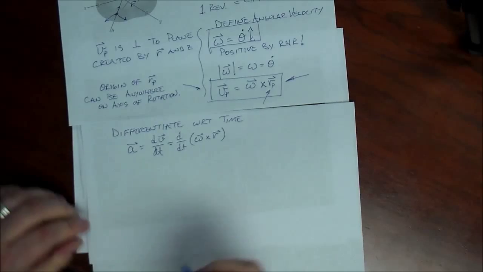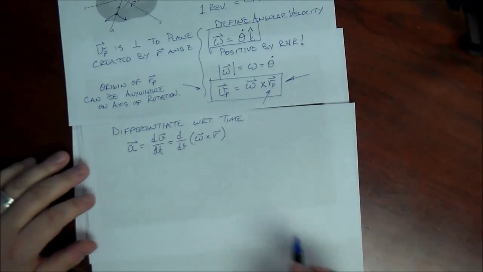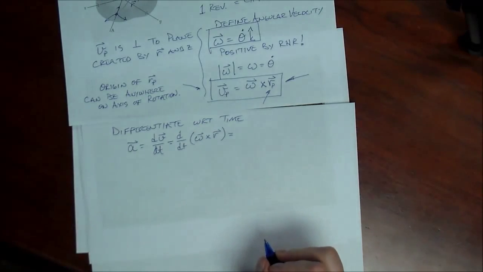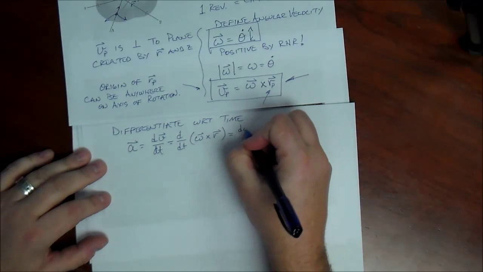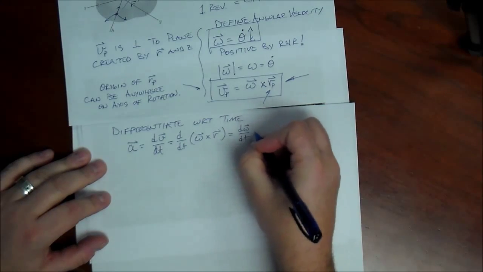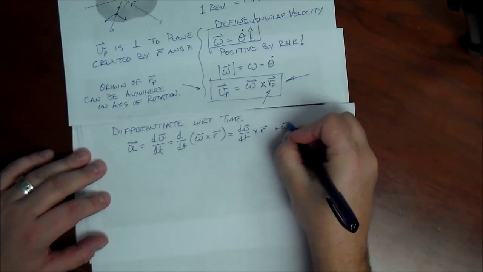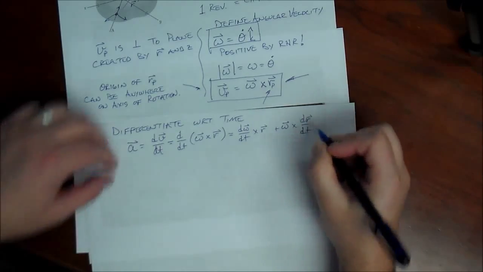And now we can use a chain rule-like property to expand this derivative. So it's going to be d omega dt cross r. Remember, we have to preserve the order, plus omega cross dr dt.